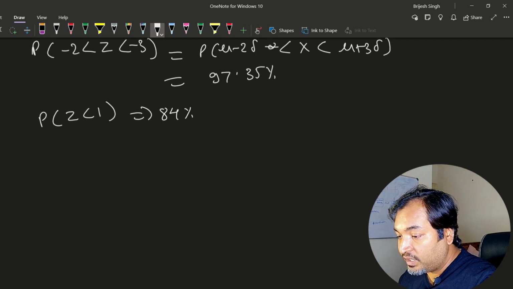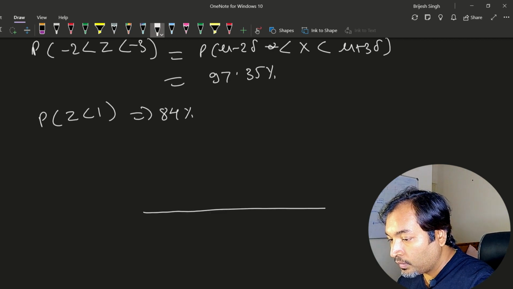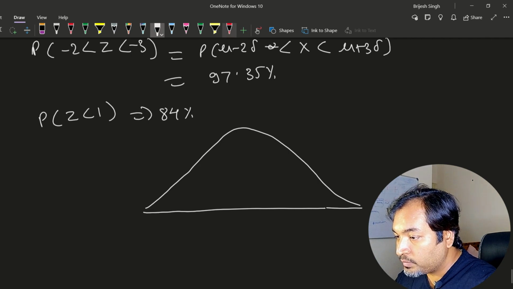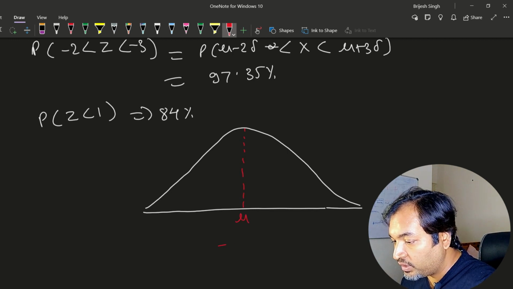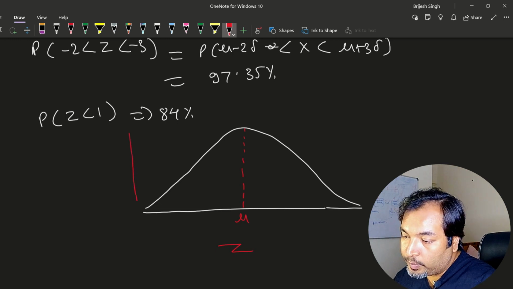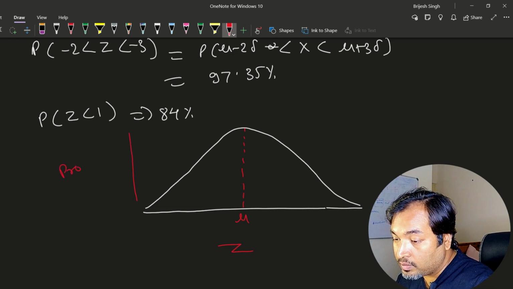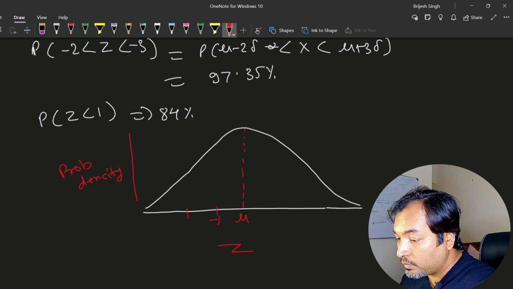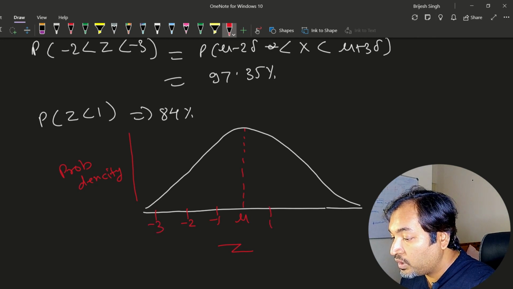So now we can say this is the mean, mu. So this is a Z chart, and this is a probability density, right? So if you see -1, -2 and -3, similarly +1, 2 and 3, right?